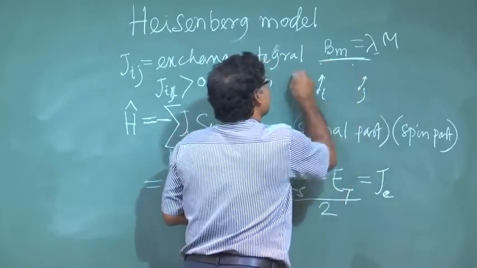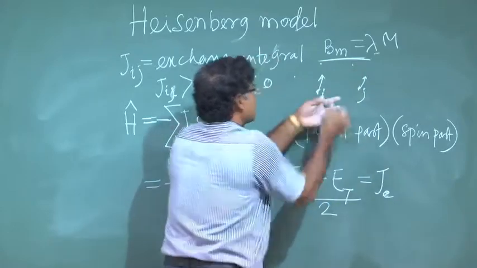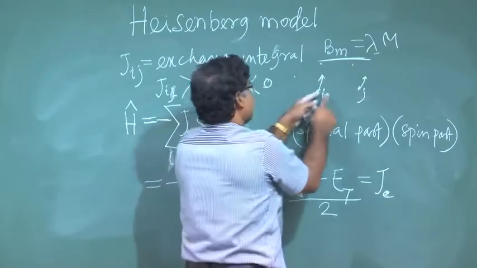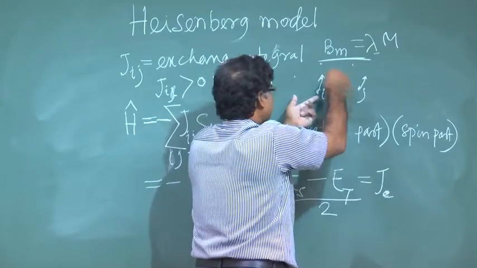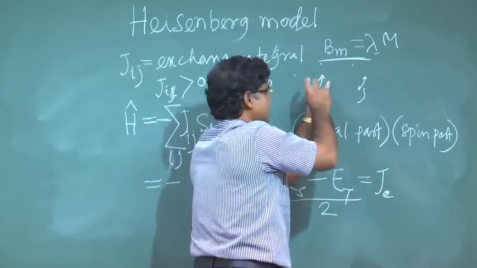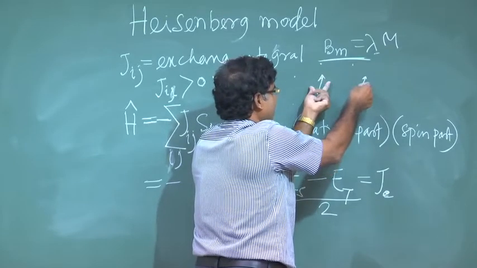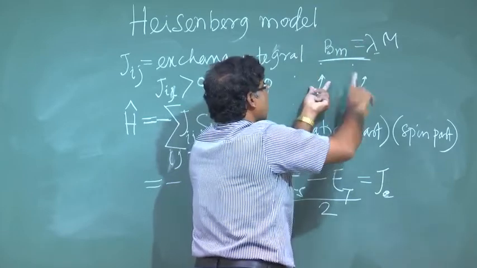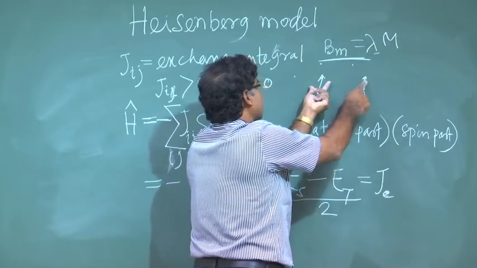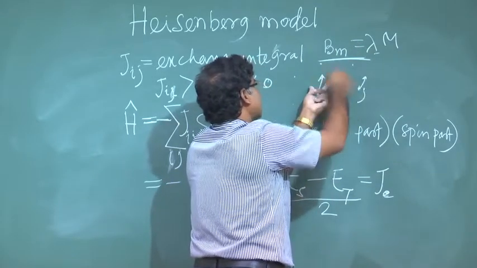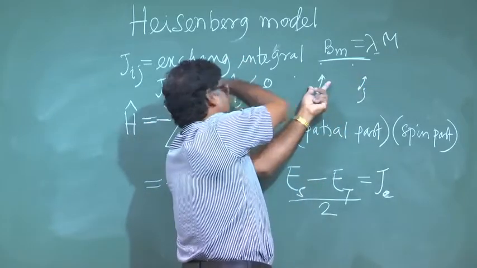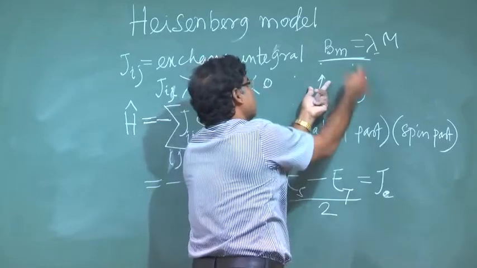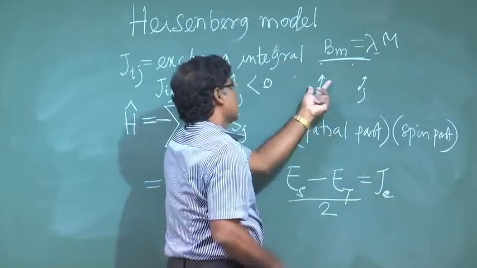If I fix S I, that is here, then S J equal to 1, 2, 3, 4, 5, there are many, and they are interacting with this one. So for this configuration, what is happening?